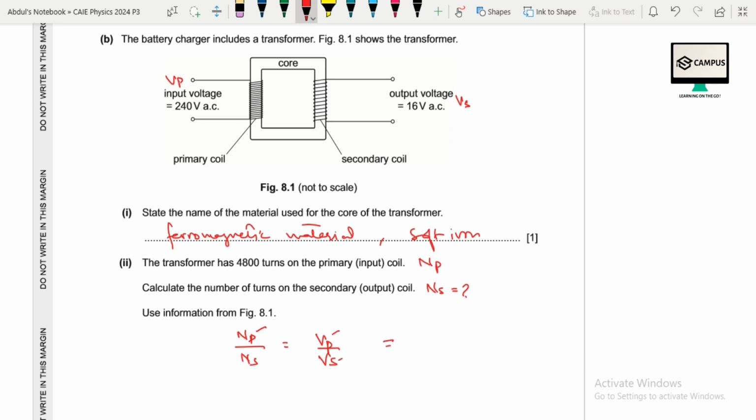So we can say that NS is equal to NP multiplied by VS over VP. Therefore, the number of turns in the secondary would be equal to 4800 multiplied by the secondary voltage, that is 16, over the primary voltage, that is 240. So the number of turns on the secondary comes out to be 320.